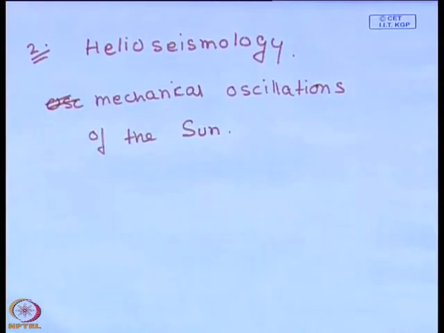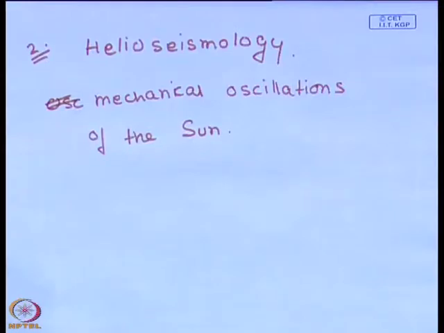So, it is like something like monitoring earthquakes on the earth surface. So, you monitor the vibrations on the sun, and it can be done by looking at the intensity of the radiation that you receive from the sun.